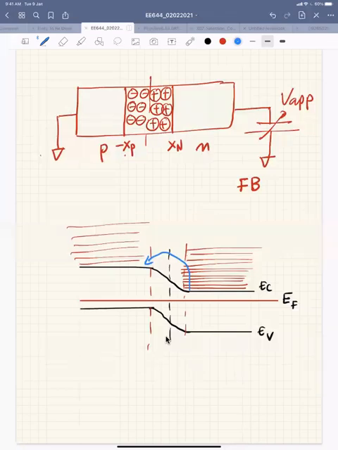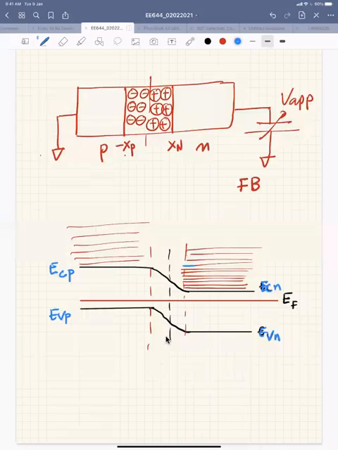Let's say this is my ECP, the P side conduction band, and the P side valence band, and this is ECN and EVN, right?